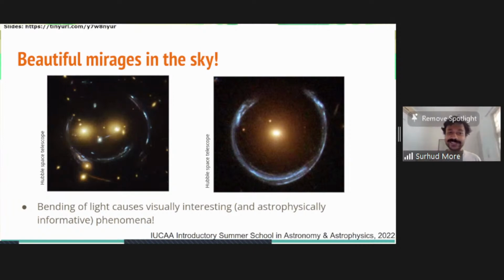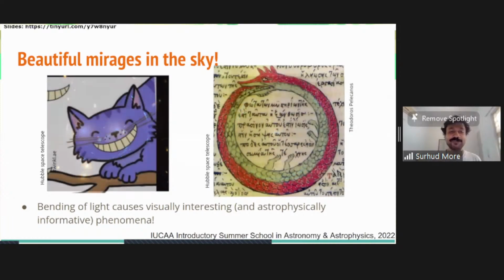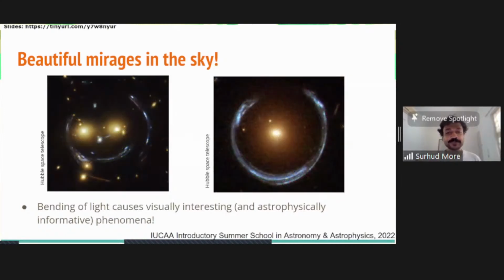You can see these images, and because of the resemblance of these images to, like, this Cheshire cat, for example, in Alice in Wonderland, this Ouroboros, we have different kinds of names for these fancy galaxies. Of course, they have nothing to do with it, but by using these distortions, the light that you see from these lensed features, you can learn a lot about the matter which is distributed in these objects which is causing the lensing.